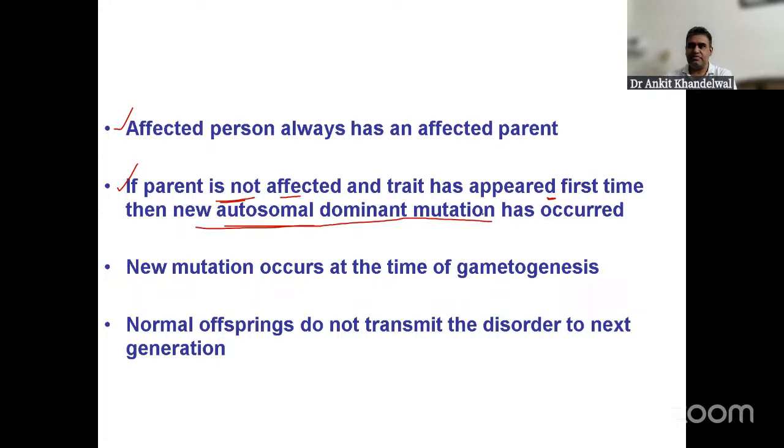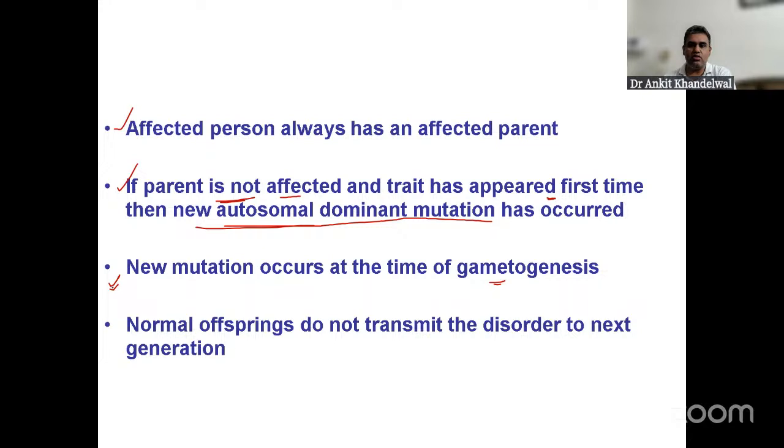Understand this. It's the beginning of a new disorder. He will be the first case of that particular disorder in his entire generation if it progresses forward. A new mutation occurs at the time of gametogenesis, during meiosis and mixing of cells.